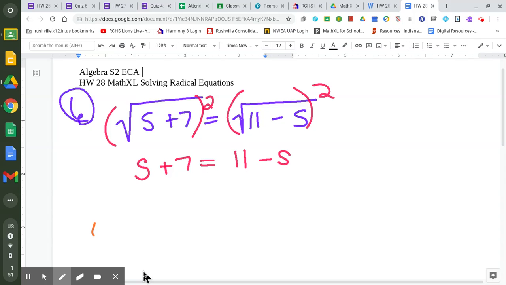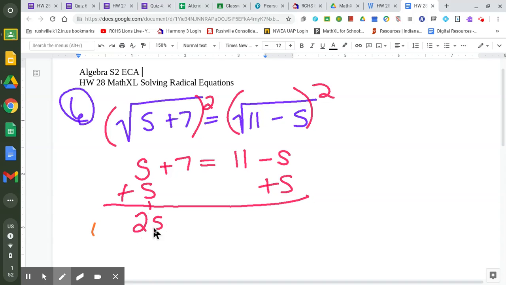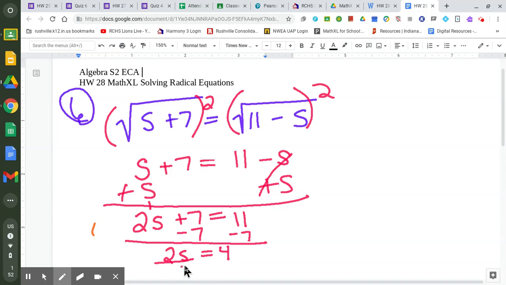To solve for s, I'm going to add s to both sides of the equal sign. So 1s plus 1s is 2s plus 7 equals 11. Then I'm going to subtract 7 on both sides. So 2s equals 4. Divide by 2, divide by 2, and s equals 2.